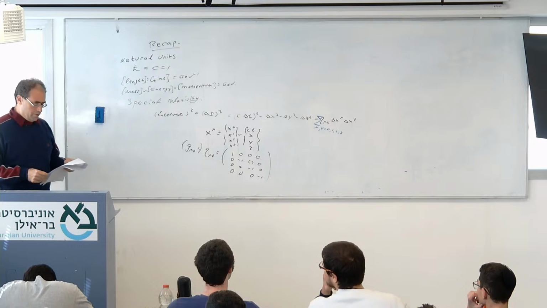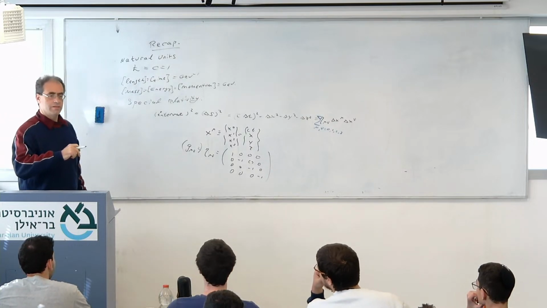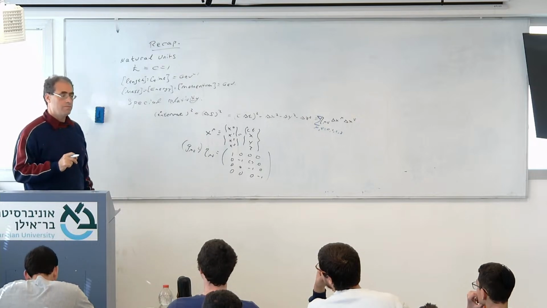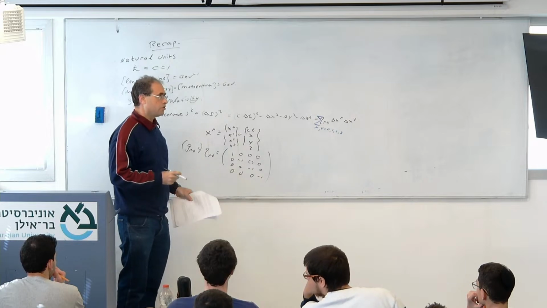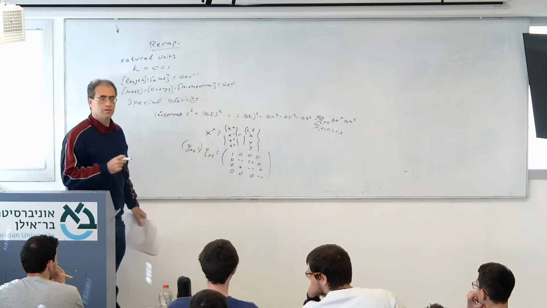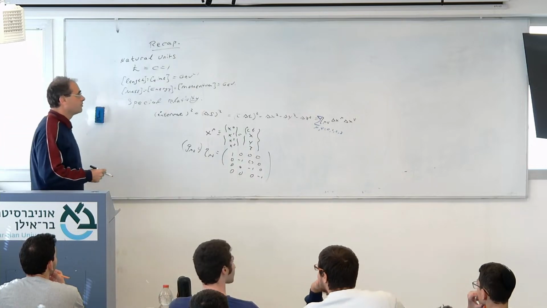Then we defined the Lorentz transformation as a transformation that takes us from one inertial coordinate system to another inertial coordinate system. And it's not just any transformation, it does something special, which is conserving the interval.